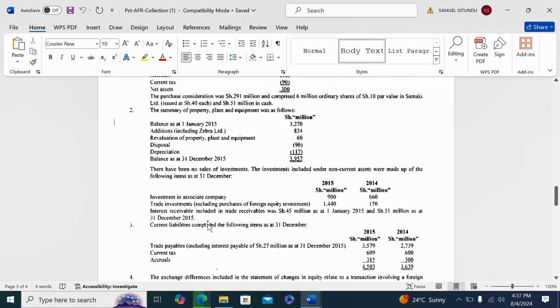So we need to deduct this interest receivable from the respective trade receivable so that we remain with trade receivable alone.